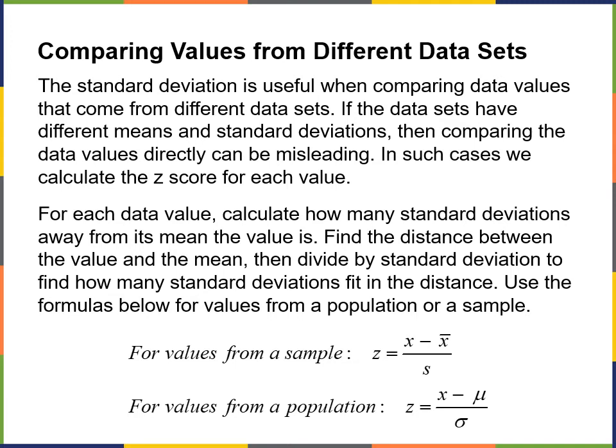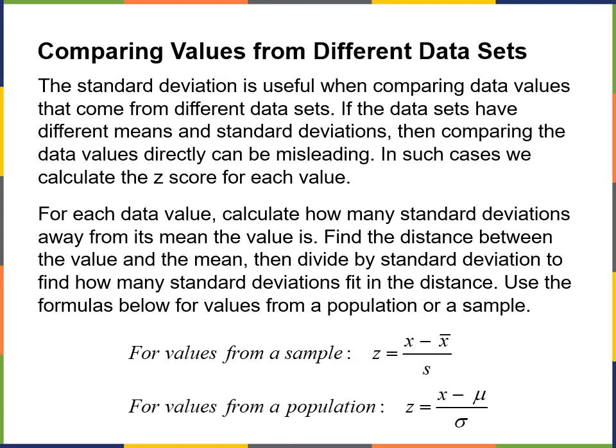Or let's say you're comparing 2 things that are completely different units of measurement, like ages of basketball players versus weights of swimmers. Well, ages and weights, those numbers mean nothing compared to one another.